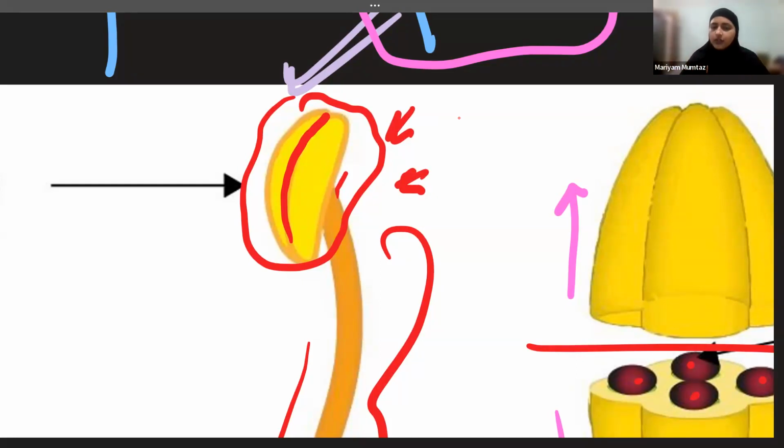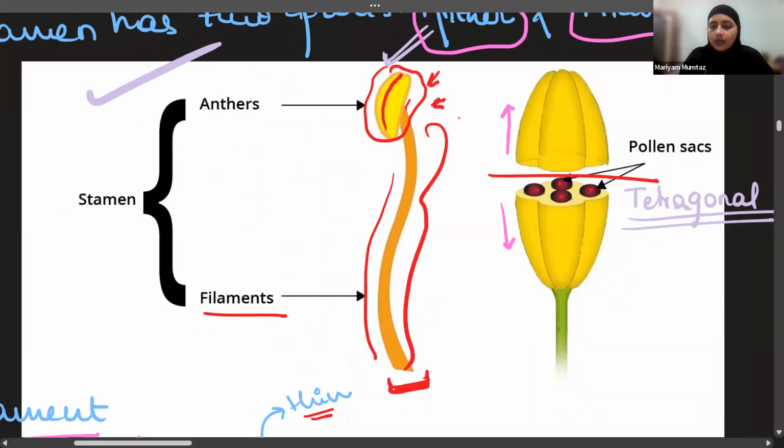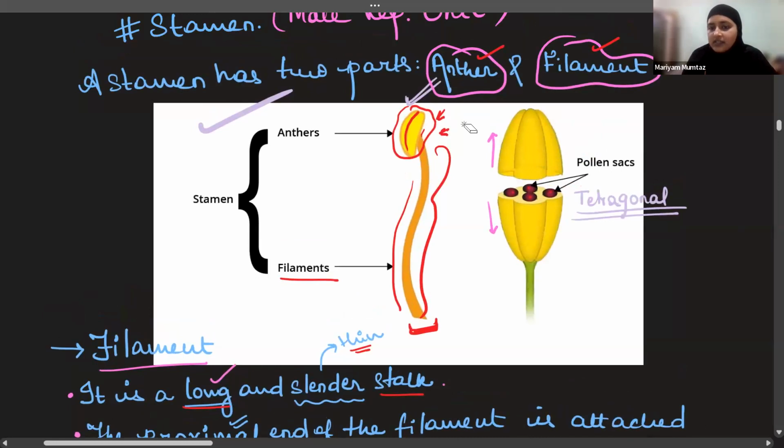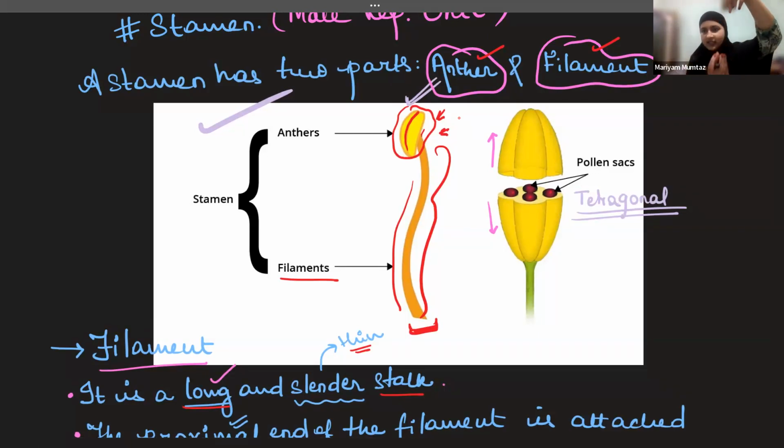Now, when we cut a transverse section, what is a transverse section? We are talking about the anther only.